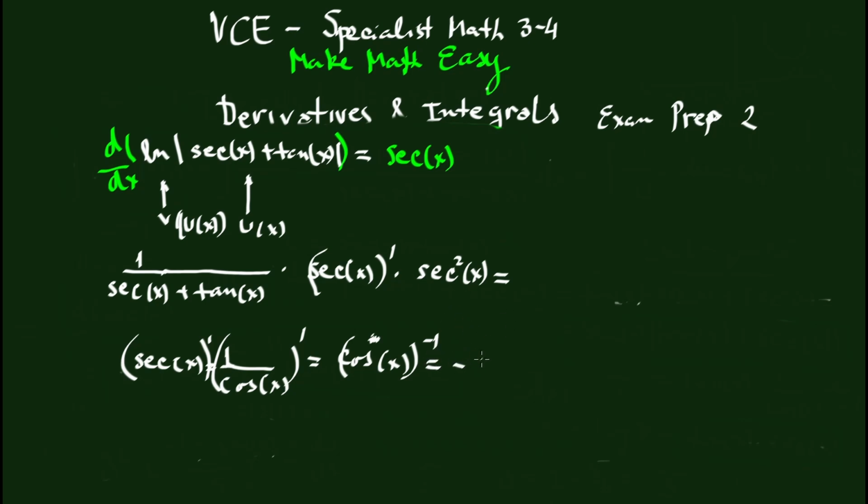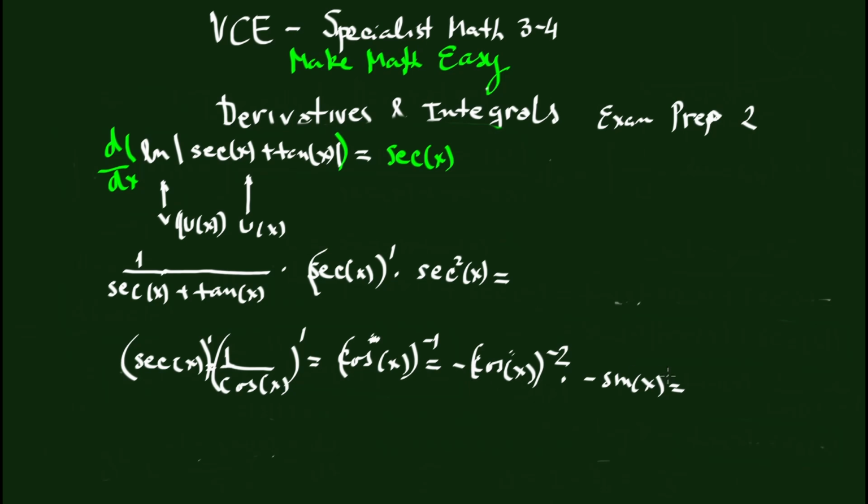That's minus u, which is cosine of x on the power of minus 2, times the cosine's first derivative, which is minus sine of x.